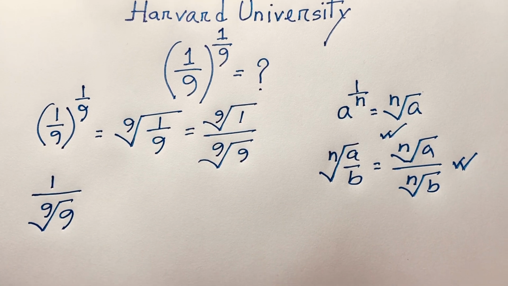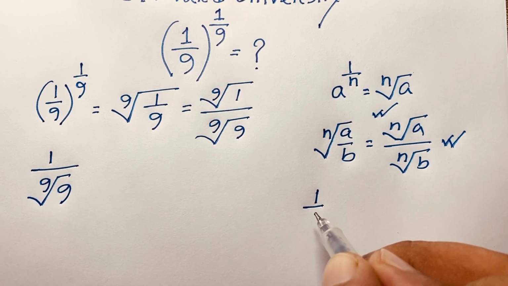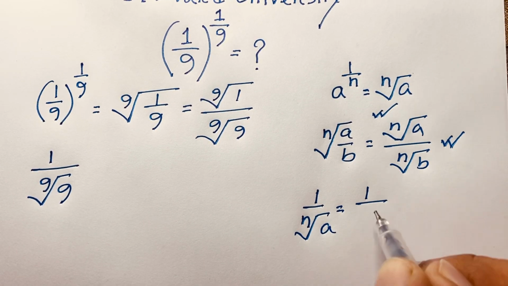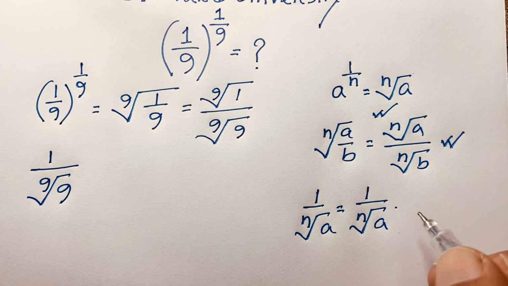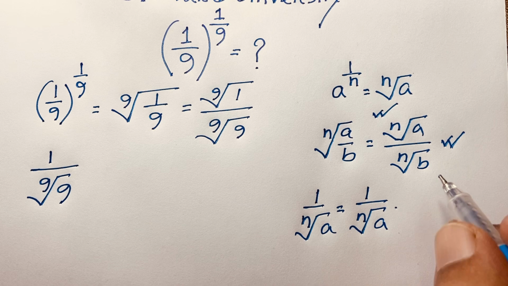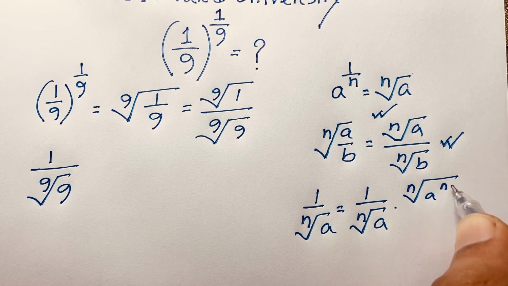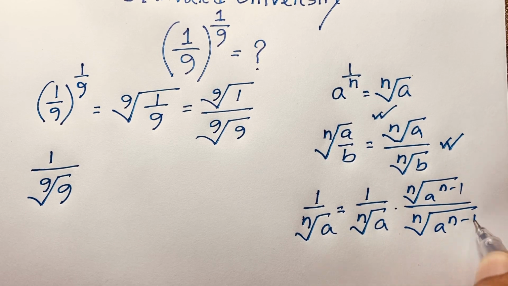Now I apply another rule: 1 over the nth root of a is equal to 1 over the nth root of a times the nth root of a to the power n minus 1, over the nth root of a to the power n minus 1.